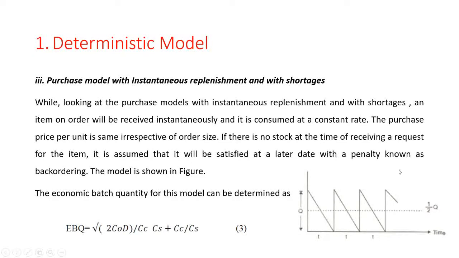This model is shown in this diagram. We have a constant time period T, and the order size is Q. We are satisfying all the conditions of the purchase model with instantaneous replacement without shortage, but here we have shortage, for which we have the penalty called back ordering.